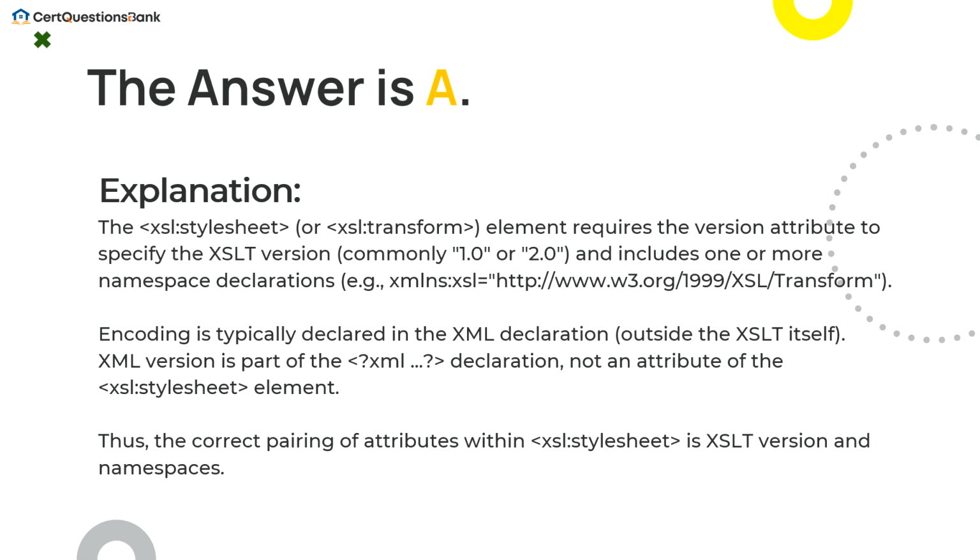Encoding is typically declared in the XML declaration, outside the XSLT itself. XML version is part of the declaration, not an attribute of the element. Thus, the correct pairing of attributes is XSLT version and namespaces.